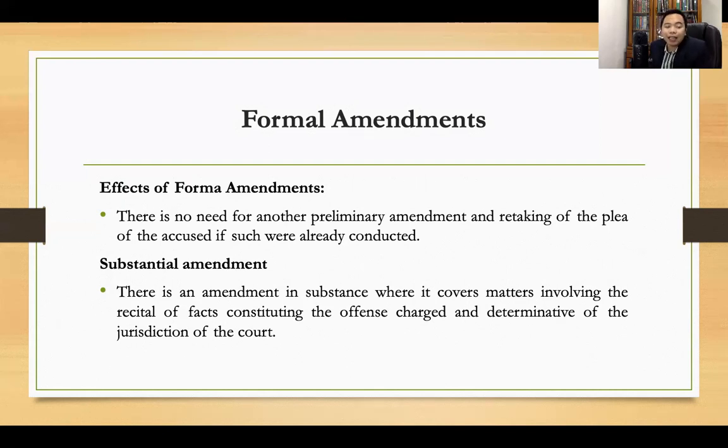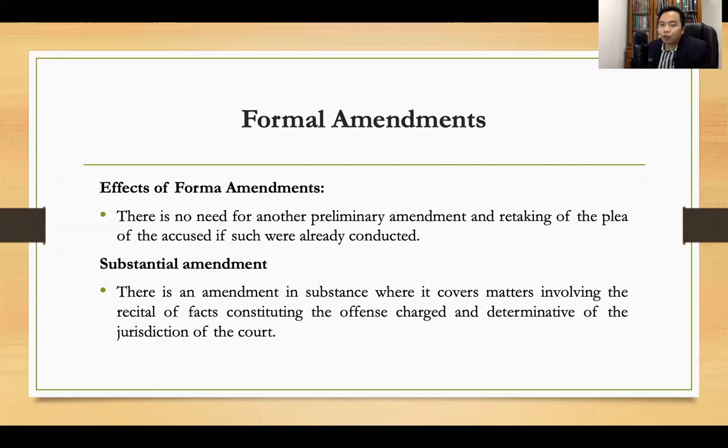Now, on the other hand, a substantial amendment is present when there is an amendment in substance, where it covers matter involving the recital of facts constituting the offense charged and determinative of the jurisdiction of the court. Now, class, when the amendment pertains to the allegations of facts constituting the offense, what does that mean, class?